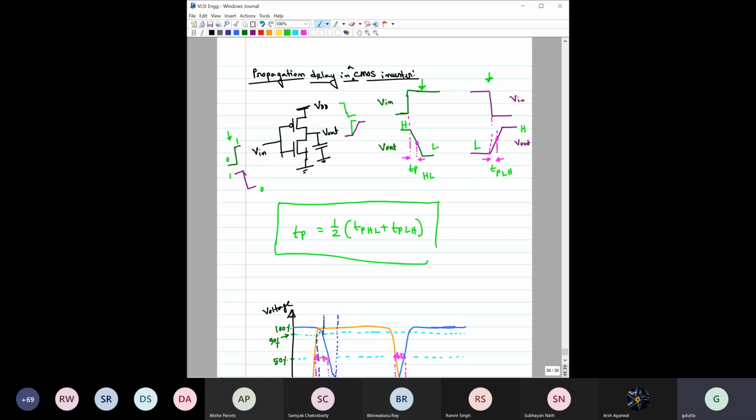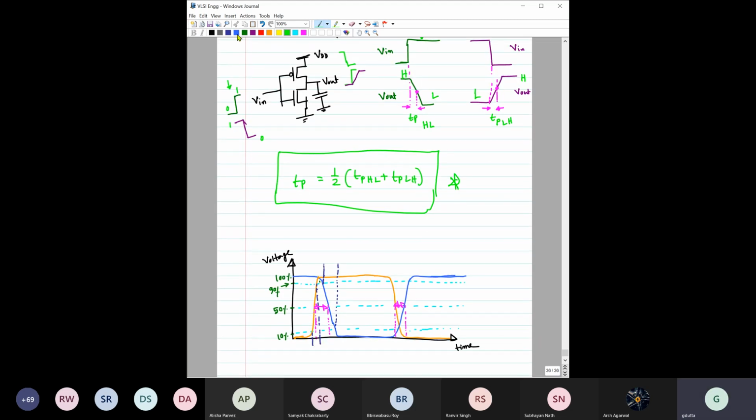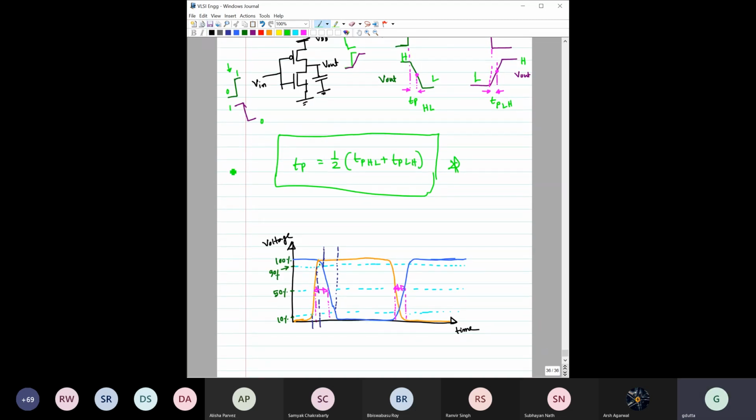I'm hurrying because there's not much time. So this is important. Propagation delay in the case of a CMOS inverter is half of TPHL plus TPLH. Basically, we are averaging these two. Right. Okay. So here just one small thing. You can see for this inverter, we have given one input.